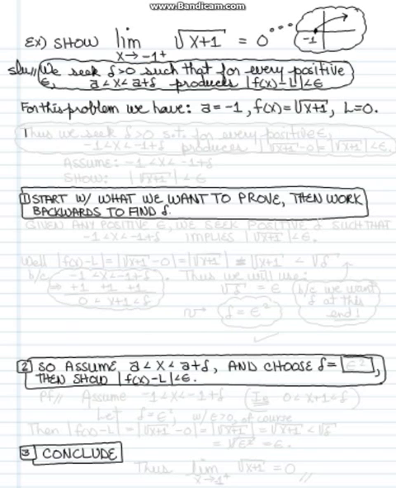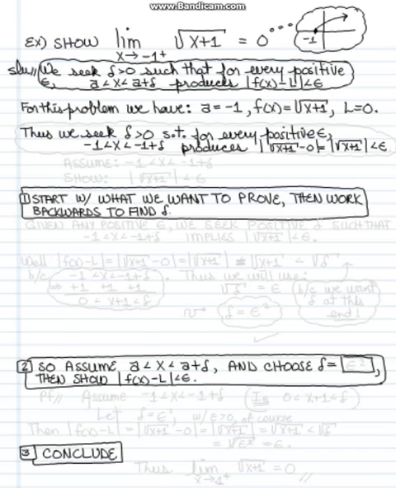We seek delta greater than 0 such that for every positive epsilon, negative 1 less than x less than negative 1 plus delta produces the absolute value of our function square root of x plus 1 minus our limit 0. In other words, absolute value of the square root of x plus 1 smaller than epsilon. All right, that's what we want to show. So let's get to work.